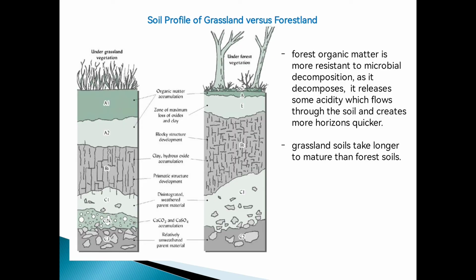The acids, since nga maraming acids dito sa forest soils, can dissolve soil materials and redeposit them deeper into the soil, which helps more quickly create horizons. I hope, guys, that this was clear to you, the effect of microorganisms and the vegetation on the development of the soil.